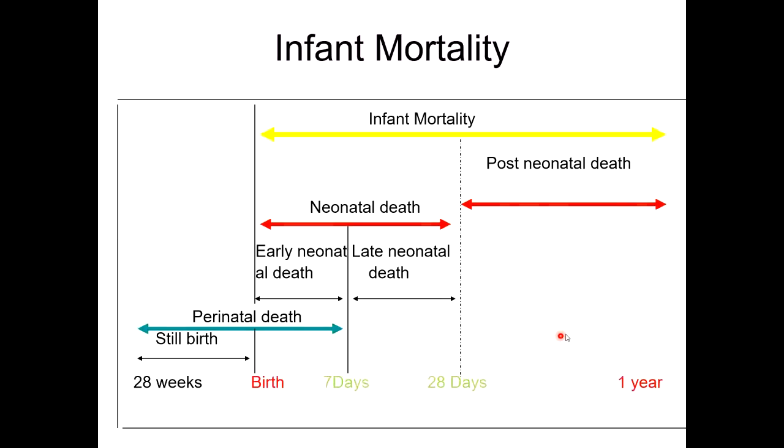Moving towards the perinatal mortality rate, as you can see, the perinatal mortality rate includes the stillbirths. Along with stillbirths, it also includes the early neonatal deaths, which are from birth to 7 days. This constitutes the perinatal death.